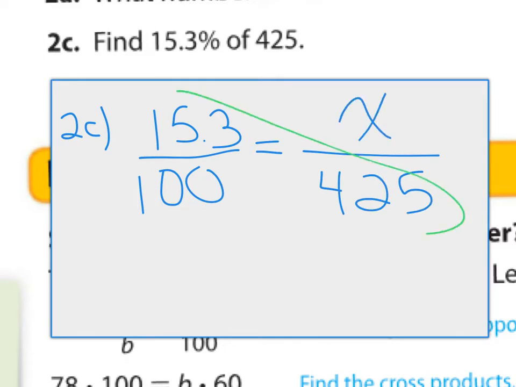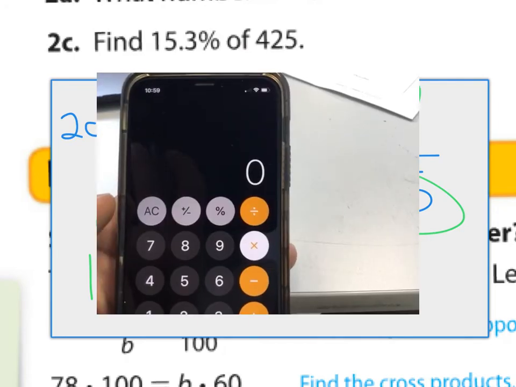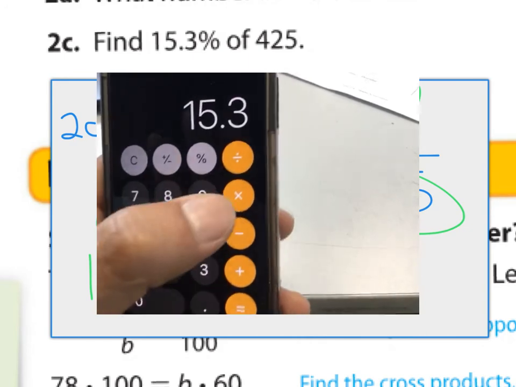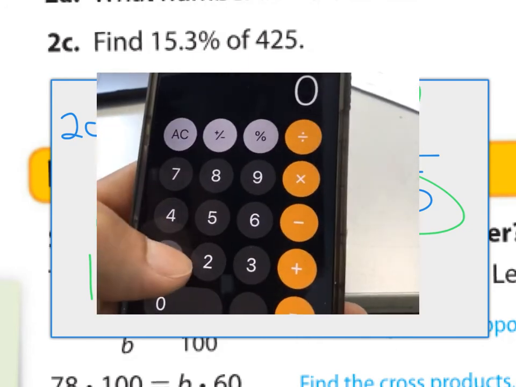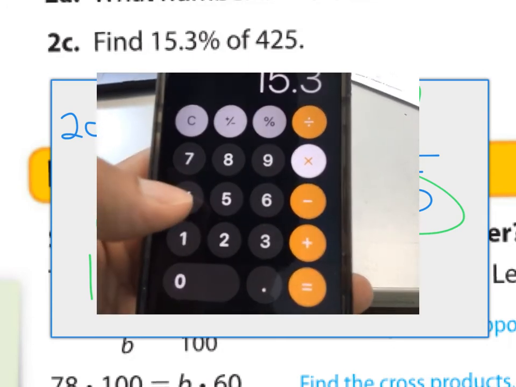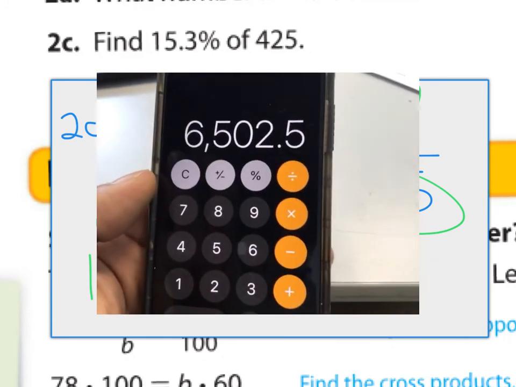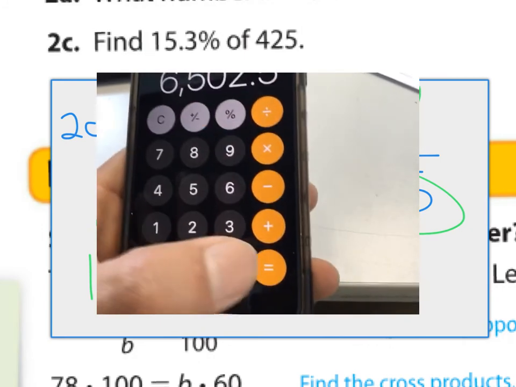Okay, cross product, multiply those two together, and multiply those two together, and that'll give us 100x on one side, and 15.3 times 425 equals 6,502.5.